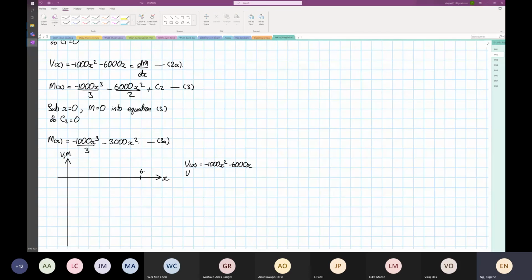So when x is equal to 6, this will be equal to 6 times 1000 plus 6000. So it's minus 72,000 Newton. Then let's do v as a function of x first. It's just x squared, so the function will look like this.